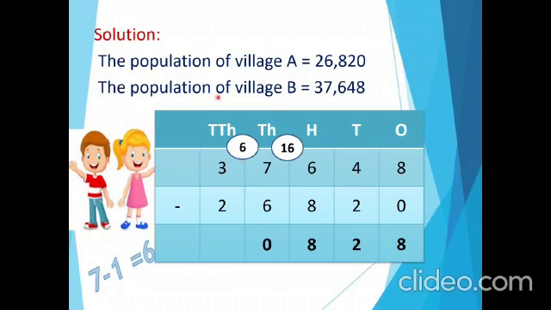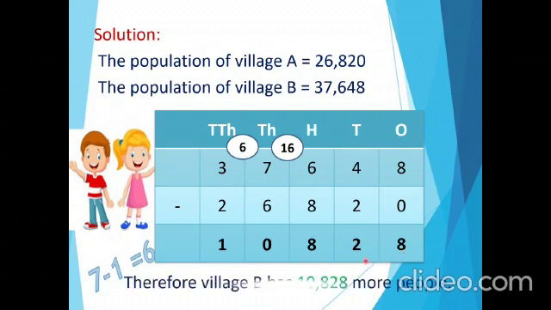Moving to the 10,000s column, that is 3 minus 2 is 1. So the difference is 10,828. What is this, children? That is, village B has 10,828 more people.